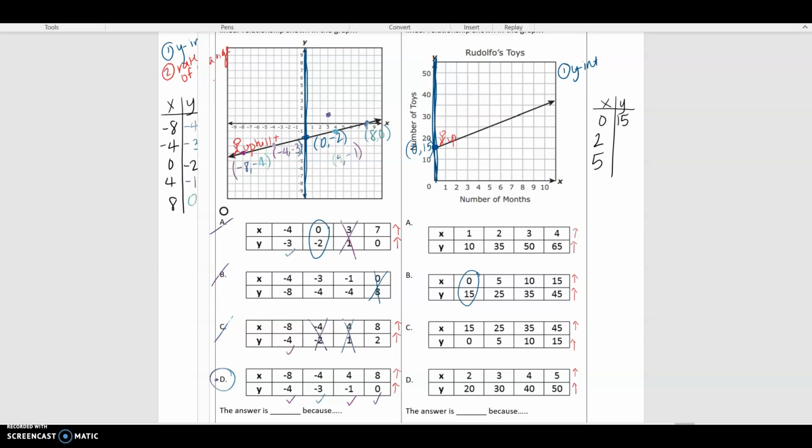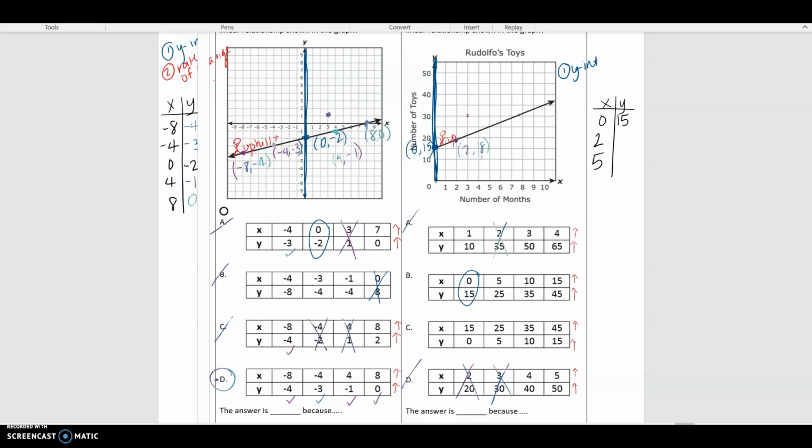If we go to 2, we're not quite at 20, so maybe it's 18. So 2 definitely is not at 35. 2 is not quite at 20. So no. To make sure, 3, it says 30. Well, it's definitely not there. So no. Now we're down to B and C.